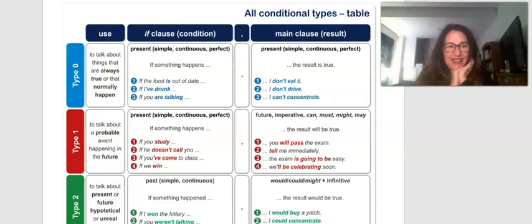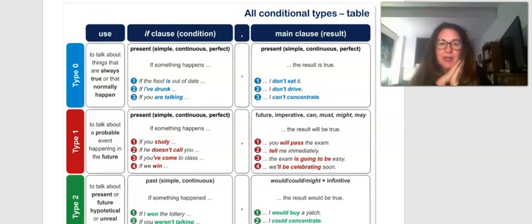Okay. Some of you have told me that you find this point of inverted conditionals difficult. So I want to tell you a little bit more. We are going to look at normal conditionals first, and then we are going to look at each type of inverted conditionals.